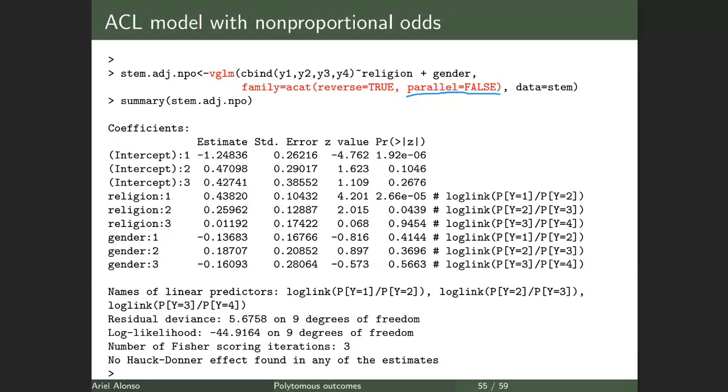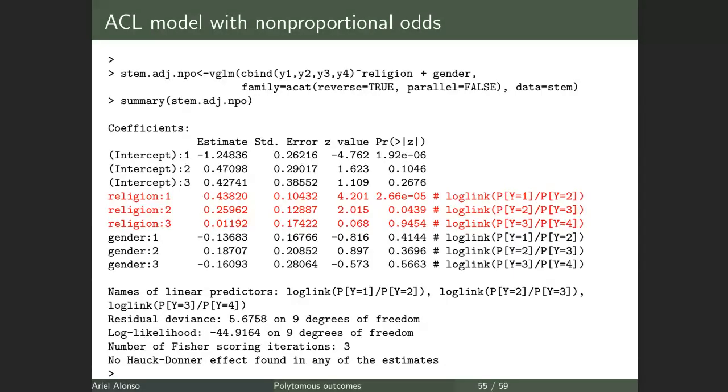And in that case, of course, you are going to get now different coefficients for each logit. You're going to get it for religion and you're going to get it for gender. So now, for instance, that would be the coefficients of religion for each of the three logits when you compare 1 with 2, 2 with 3, and 3 with 4. We are comparing here always adjacent categories. And now you will get different coefficients for each of these logits.